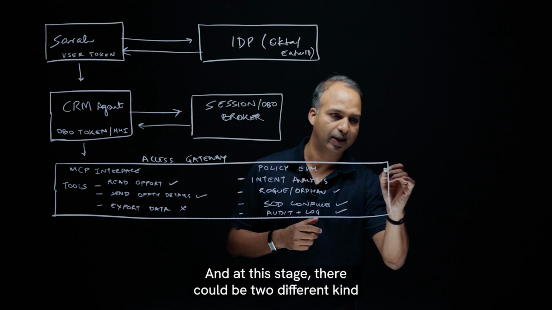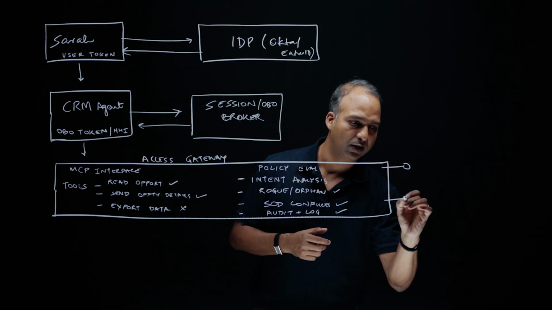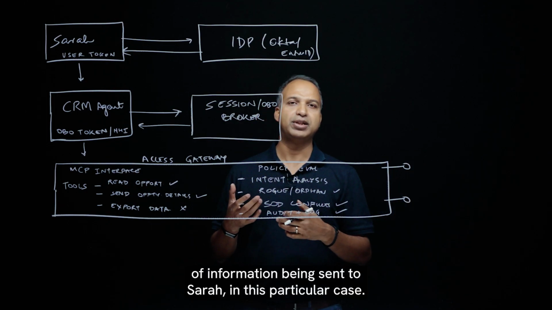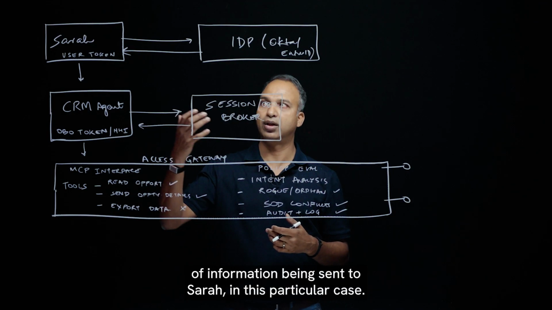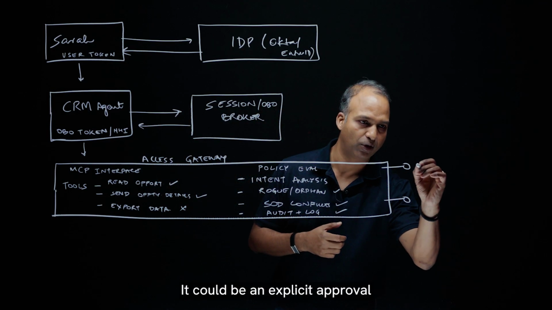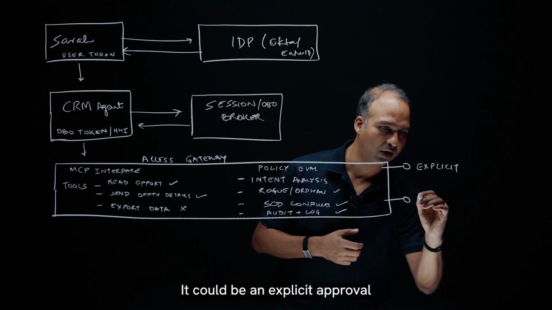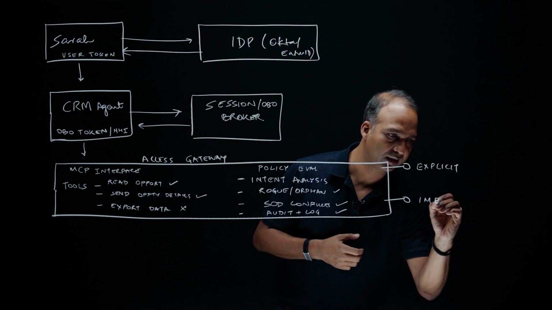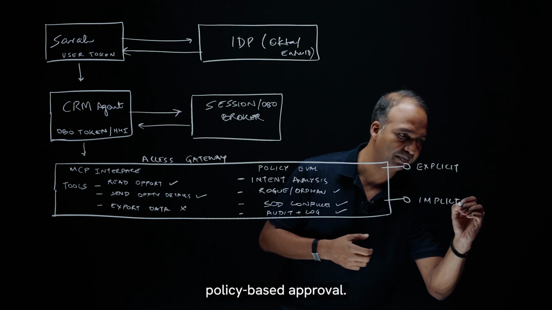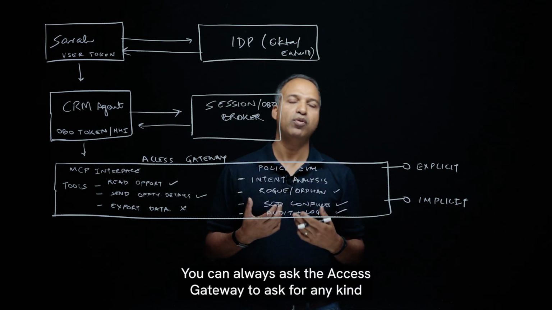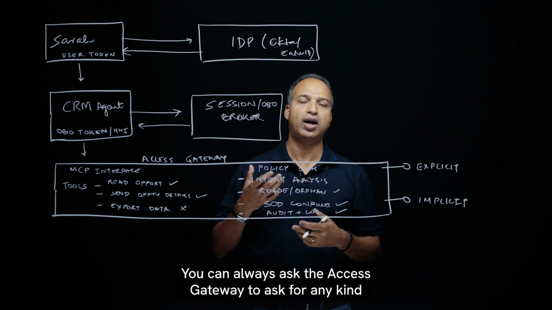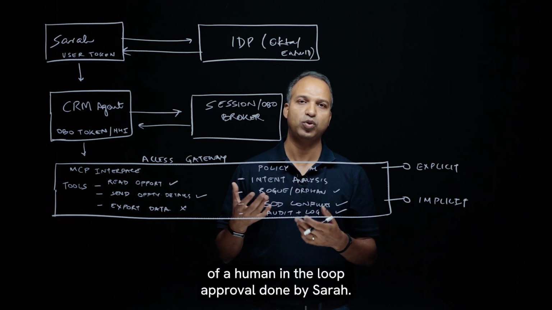And at this stage, there could be two different kinds of approval in this particular case. It could be an explicit approval or it could be an implicit policy-based approval. You can always ask the access gateway to request a human-in-the-loop approval from Sarah.